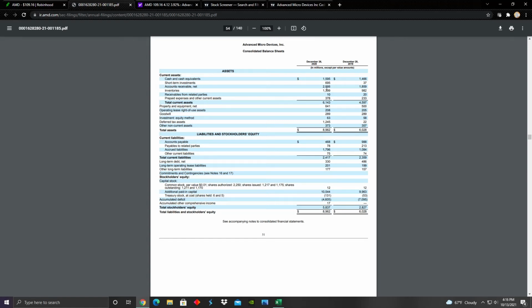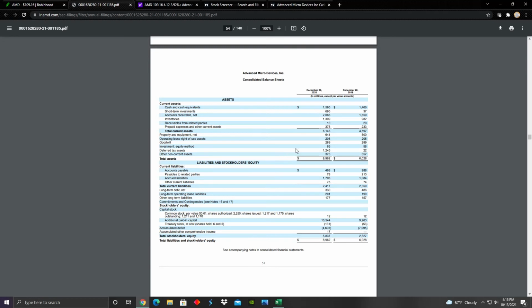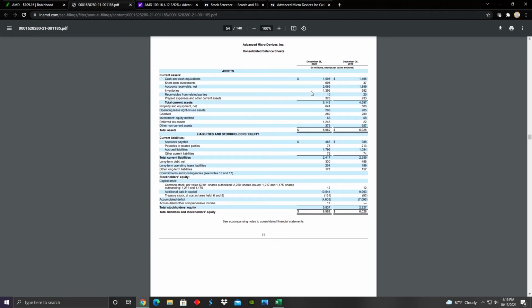Accounts receivable, $2 billion. It could be a decent sign, but typically might not be as good a sign, because accounts receivable is basically saying that AMD has performed services or sold goods already, but they haven't actually gotten paid for them yet. And so some of these accounts might default on their debts, and some of them will be able to pay them back.